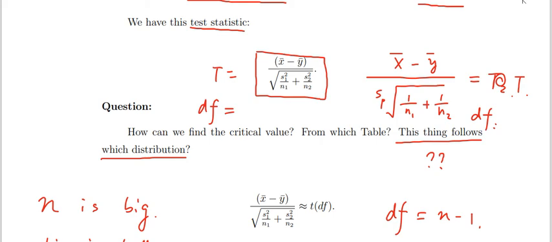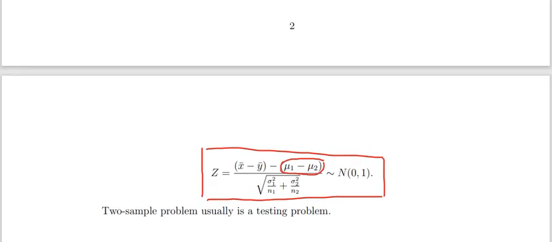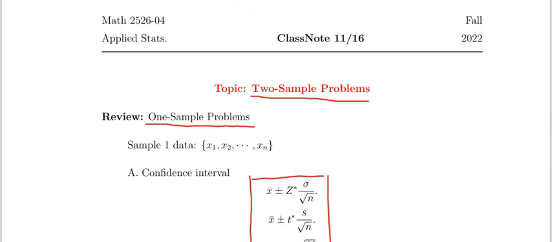Today's topic is two samples. We had one sample, then two sample problems. Next class we will check many samples, like three sample or four sample problems. Those are typical problems in statistics.